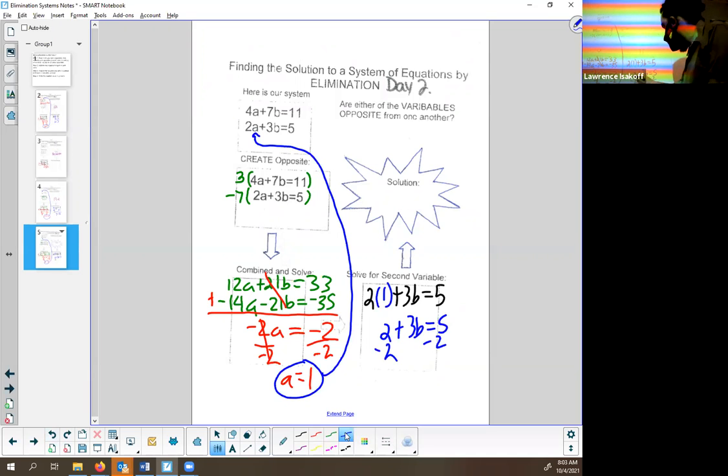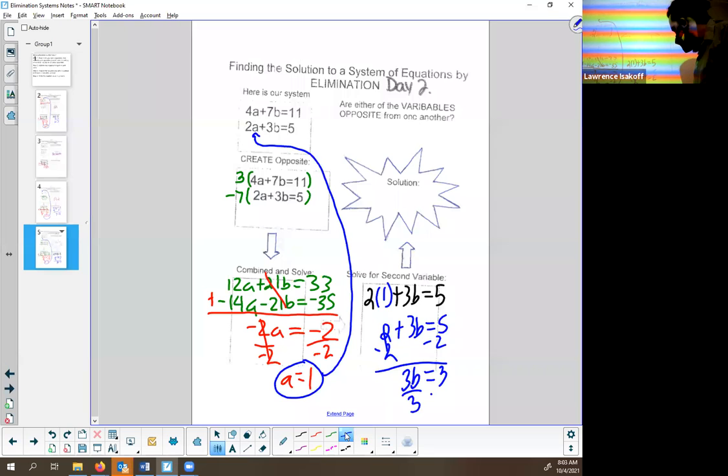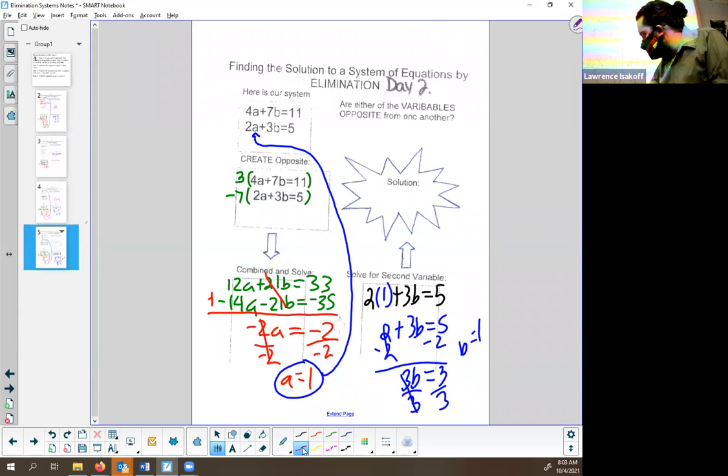Subtract 2. And we get 3B is equal to 3. What would I do to finish it up? And we have B is equal to 1. So usually we write our points as XY points, always just go in alphabetical order, A, comma, B. So that's 1, comma, 1.